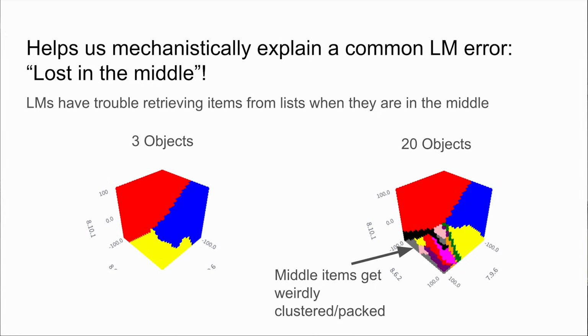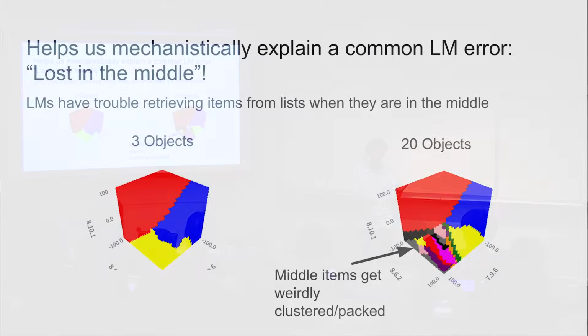So if you've heard of the "lost in the middle" error, I think there's a paper with that name. Language models have a lot of trouble retrieving items from a list when they're in the middle of a long list. They have a primacy and recency bias.